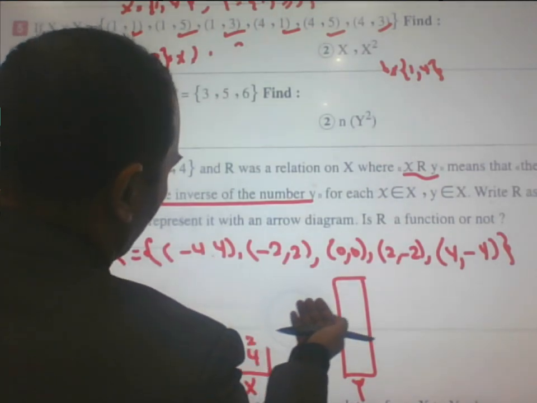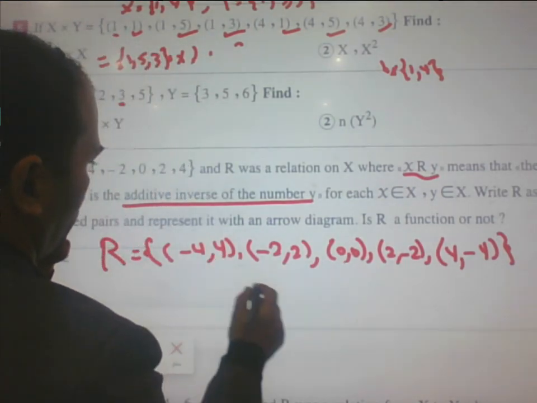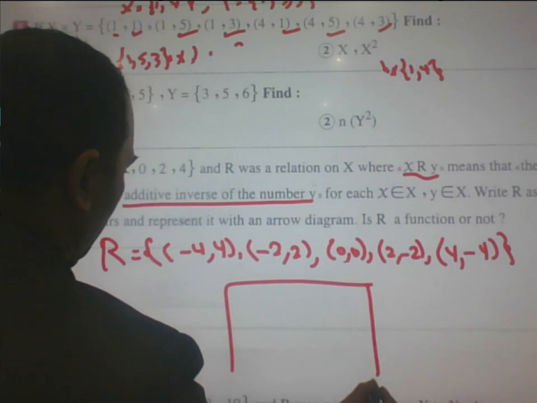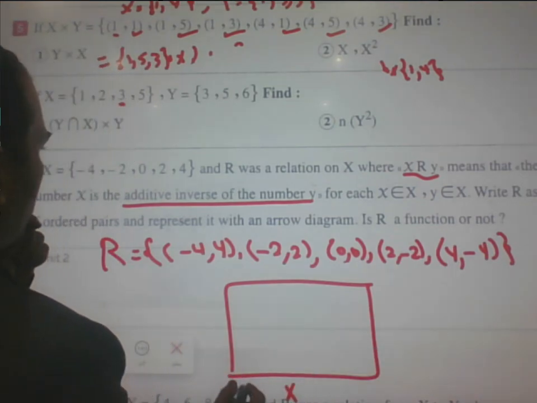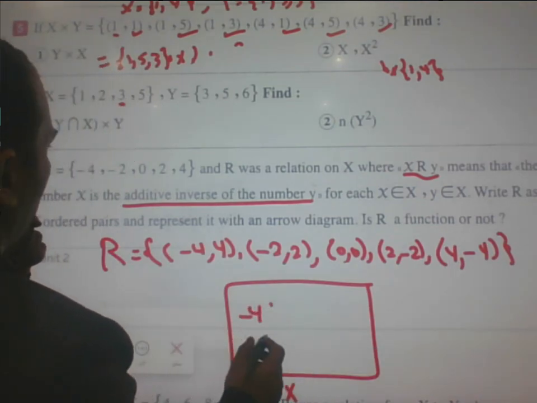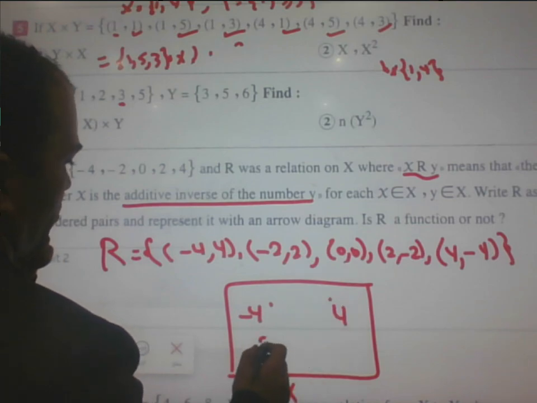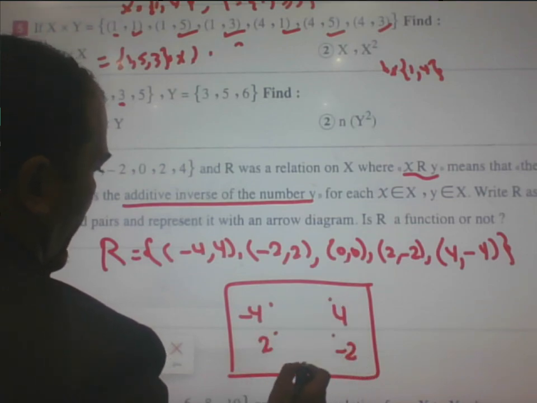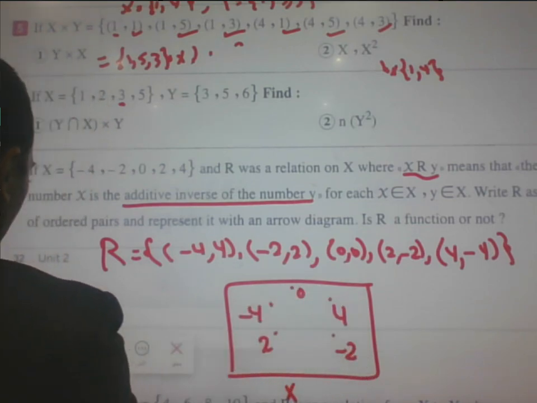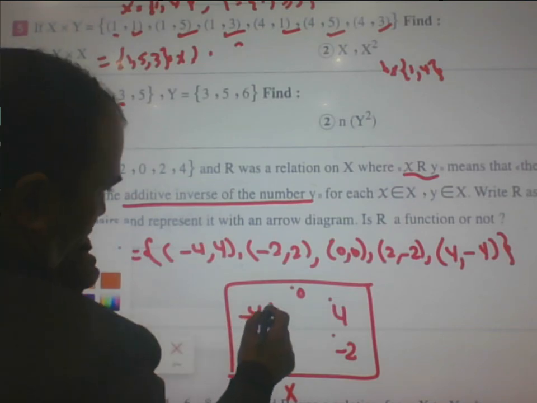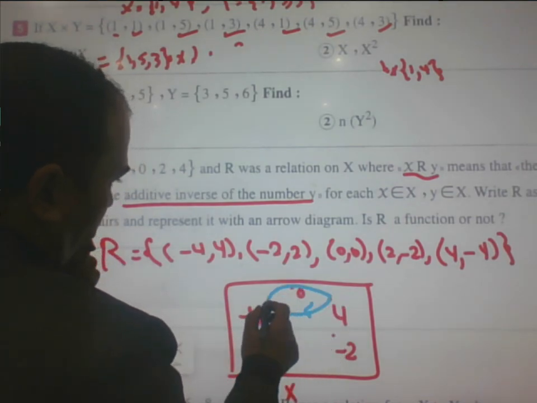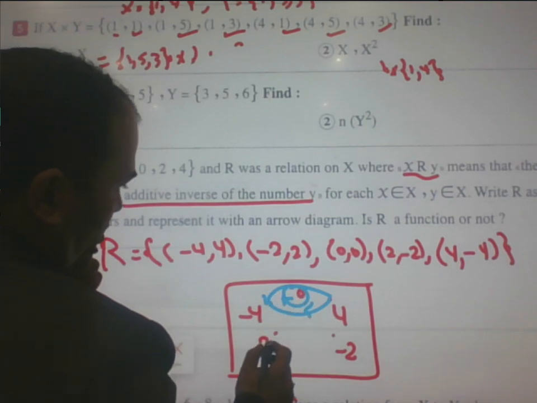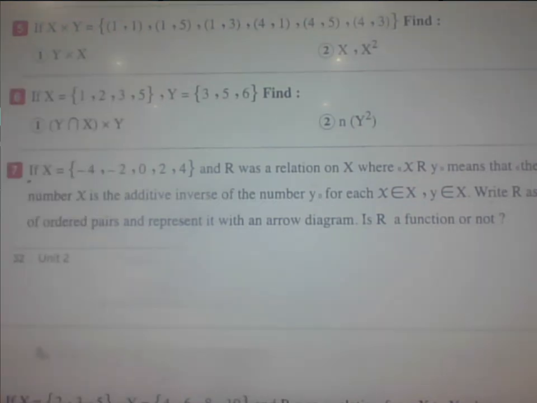You can draw a rectangle like this or a square and write the elements of X inside. Then join from -4 to 4, and 4 with 4, 0 with itself, 2 with 2, and -2 with 2. R is a function because each element in X has only one image in Y, in R.